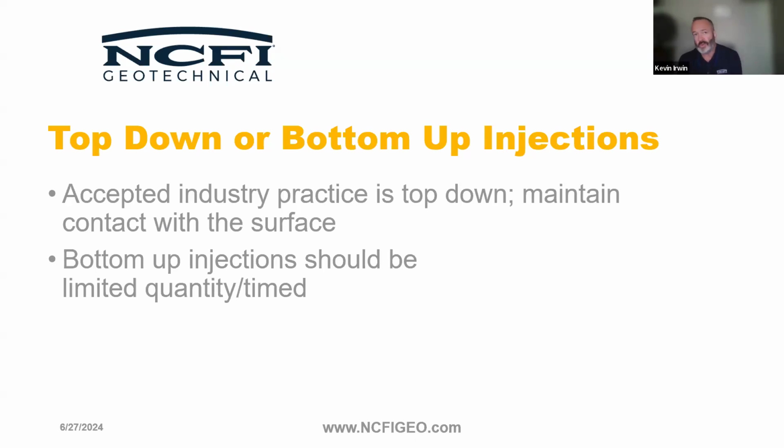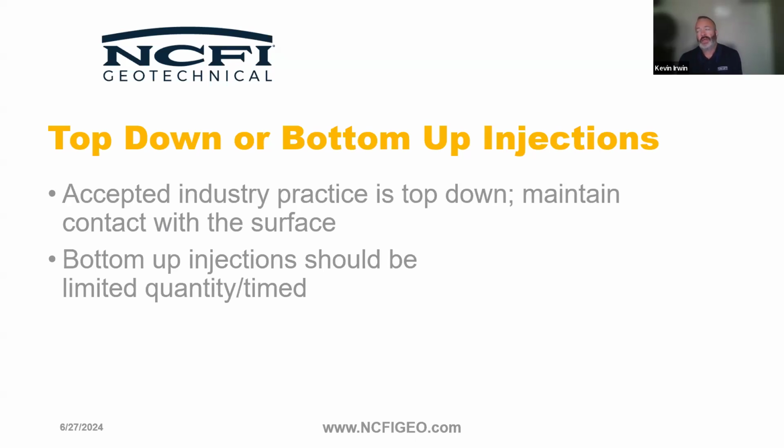As I mentioned before, we measure with a laser level, or some other type of device that'll measure that, typically a laser, and we're going to inject top down. So I'm going to inject the top level first. I'm going to watch for a movement at the surface, and once I get the amount of movement I want, then I move down to the next level, and I get my movement from that level of injections.